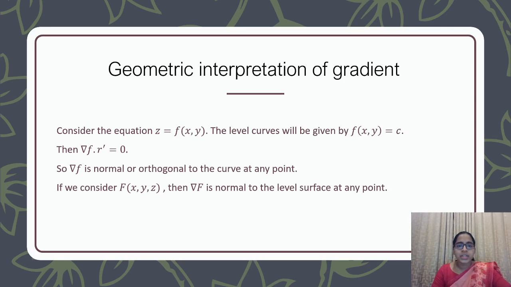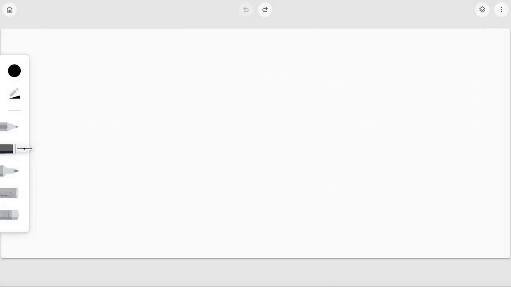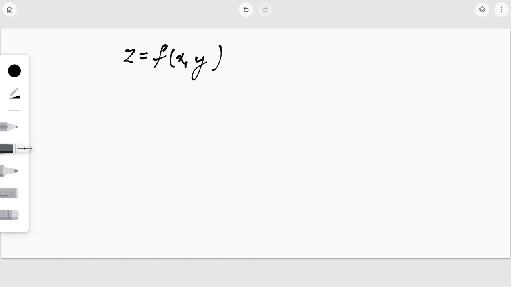Let us go into the proof, or let us see how we can show that it is actually normal. For that, we are going to consider the surface which was given to us, that is z equals f of x comma y. We know the level curves can be obtained by equating f of x, y equal to some c.